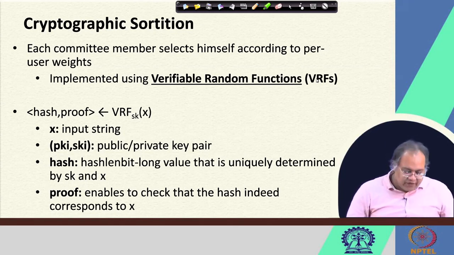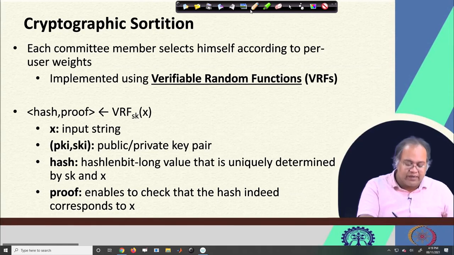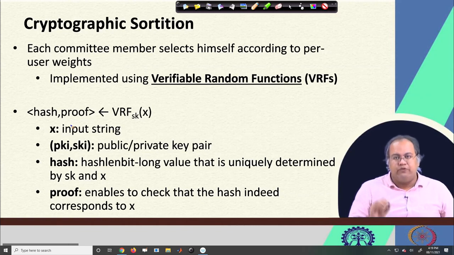So, what is VRF? VRF takes the private key of the user, say user i is going to generate a VRF. It takes the private key and a certain input message x, and generates a hash and the corresponding proof. The proof is to validate that the hash I am claiming is correct.